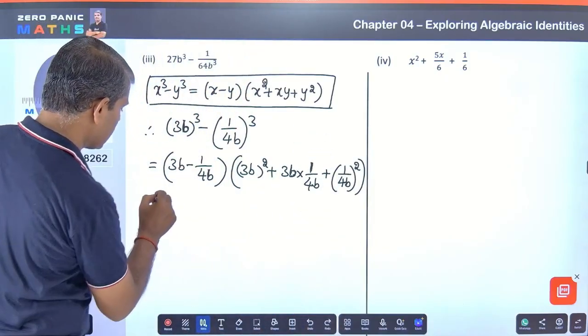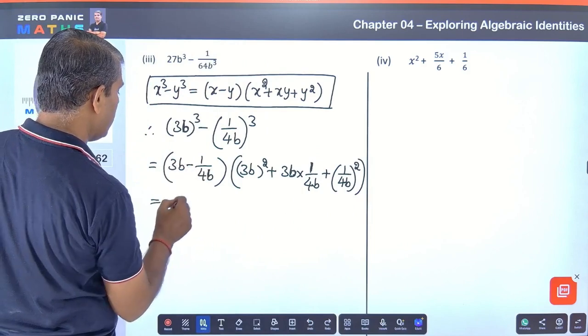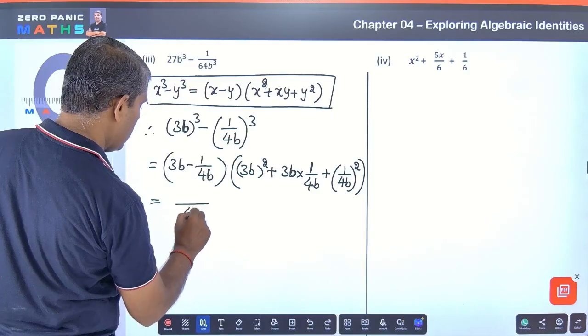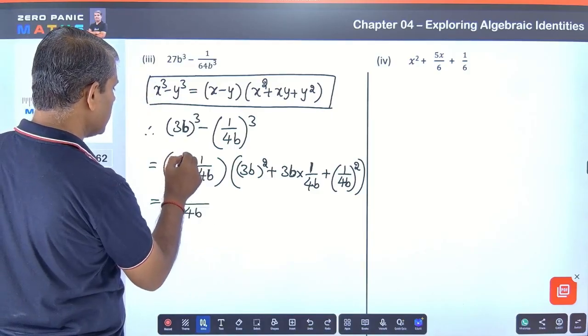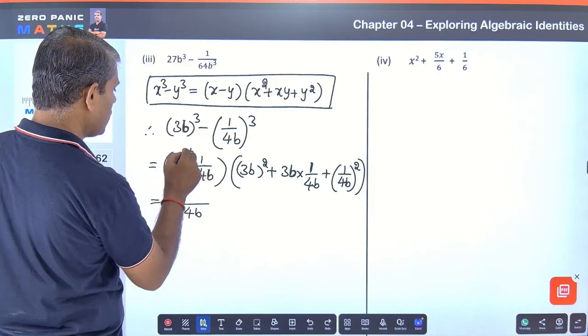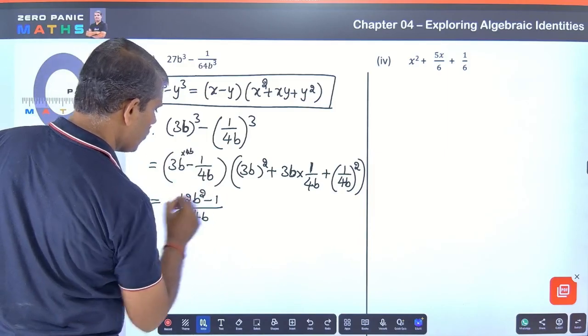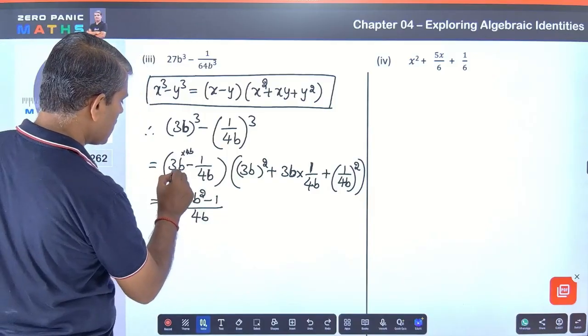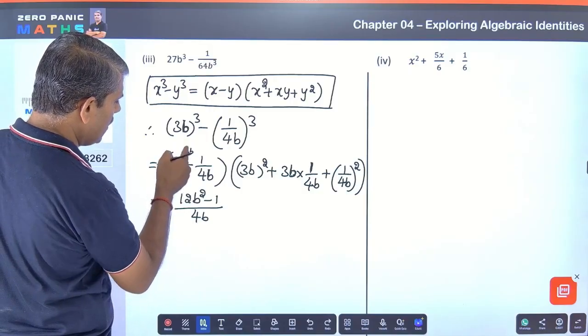Now since there is 3b and 4b here, I can take 4b as the LCM, so it is 4b now. It will be 12b square minus 1. If you are getting confused, I actually wrote it as 3b divided by 1 and 1 by 4b.